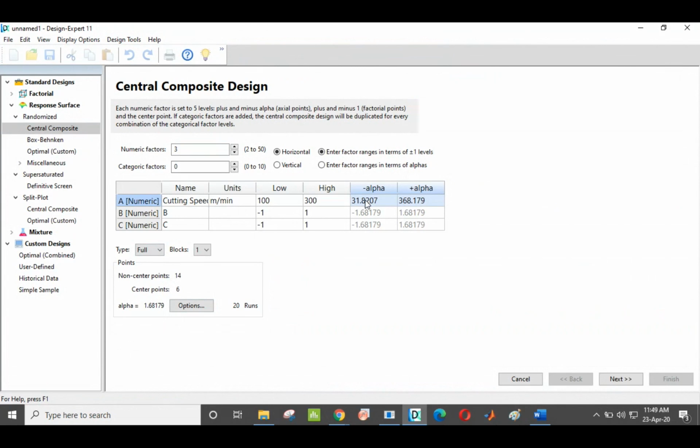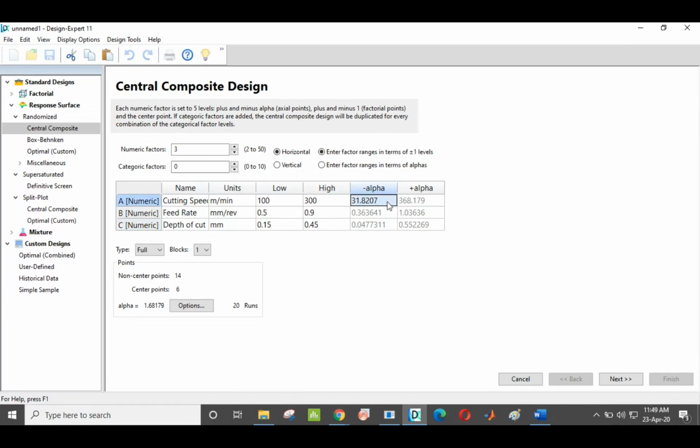So it takes the lower limit as 31.8 and the upper limit as 368.18. Now feed rate, millimeter per revolution, 0.5, 0.9. Then the depth of cut, millimeter, 0.15, 0.45.